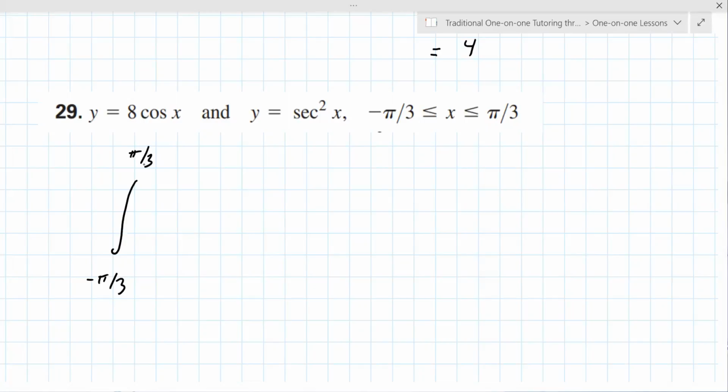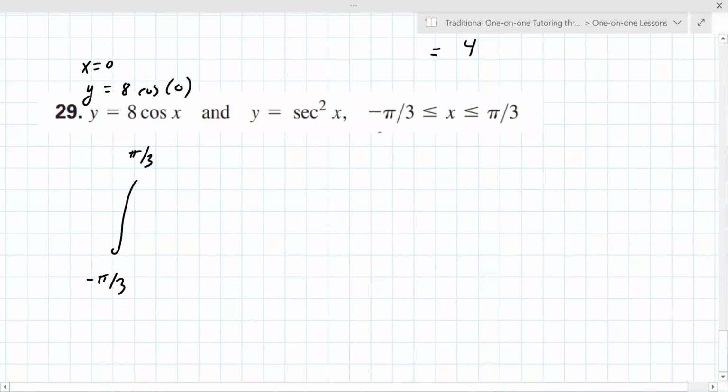So if we try x equals 0, the first one becomes y equals 8 cosine 0. Cosine of 0 is 1, so this is 8. And this one becomes y equals secant squared of 0, which is 1, because secant squared is 1 over cosine squared. Cosine 0 is 1. 1 over 1 is 1.